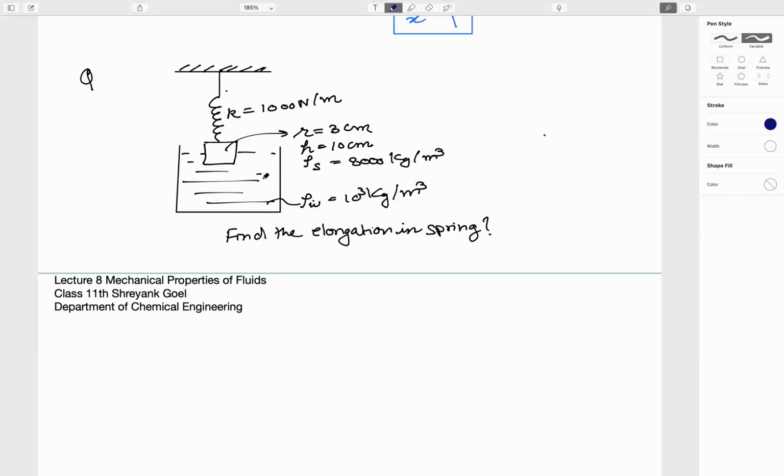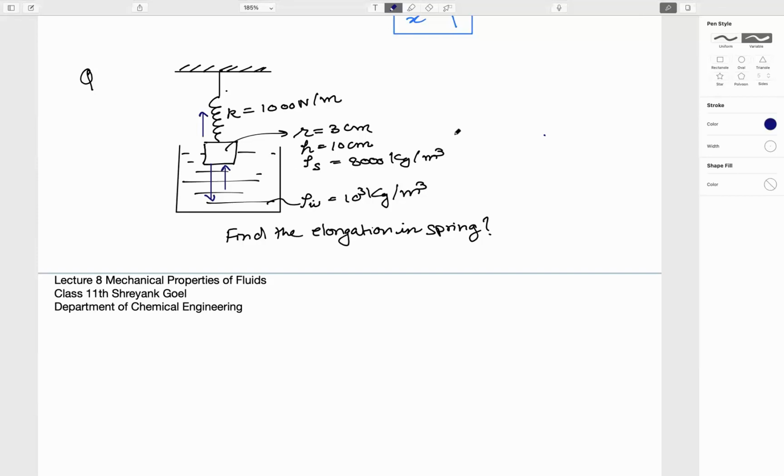One force is the upthrust, that is exerted by the liquid on this block, and there is one extra force, that is by the spring. The spring will try to exert a force on the block towards itself. So the spring will exert a force in this direction, upthrust also exerts a force in this direction, and weight is balanced like this.